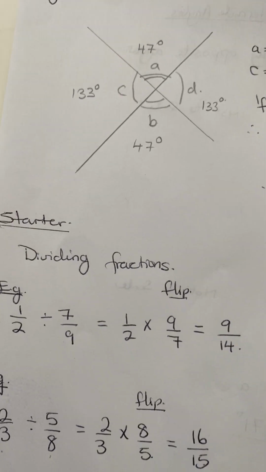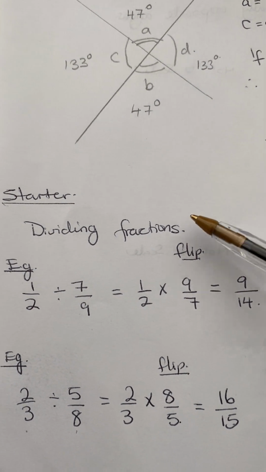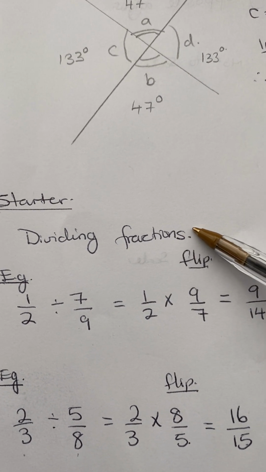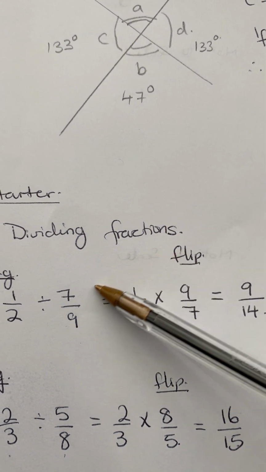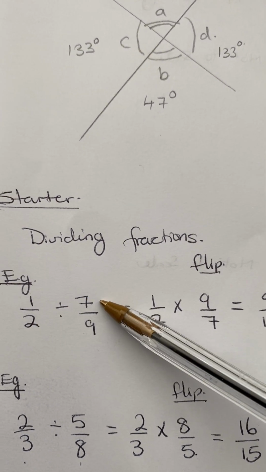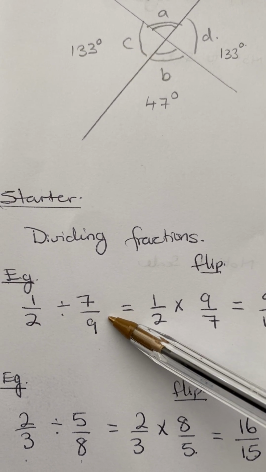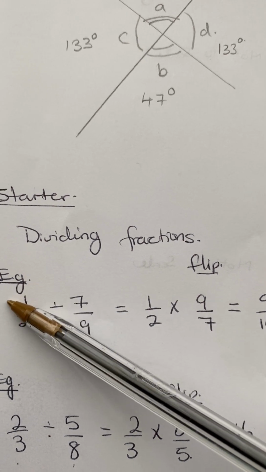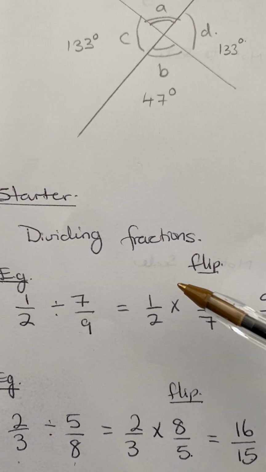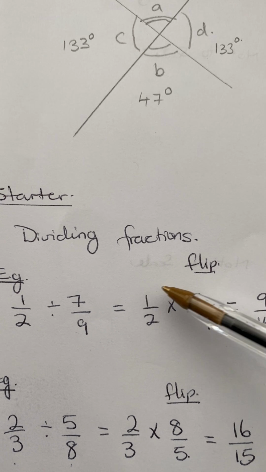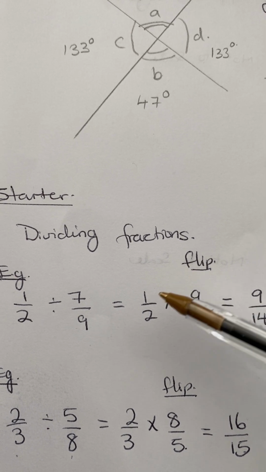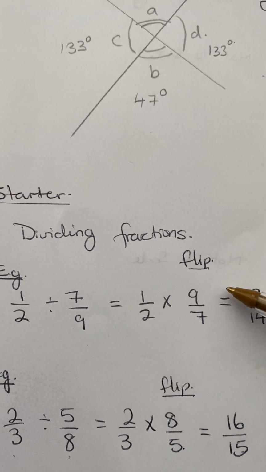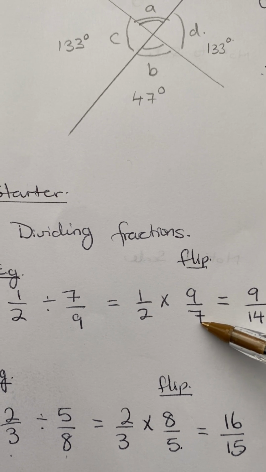Today our starter is dividing fractions. So we have two fractions and they are dividing. We know that the first fraction, we repeat it, and immediately we bring the multiplication sign, we flip the fraction, 9/7.